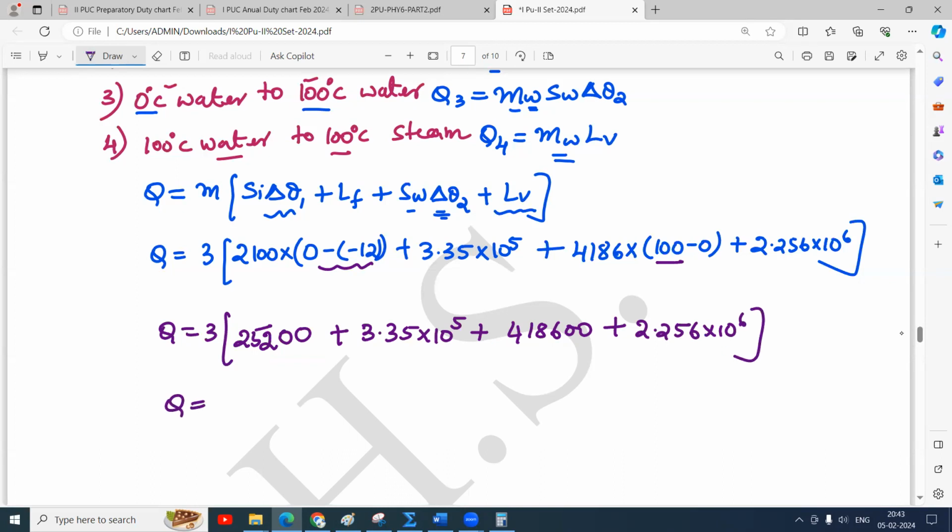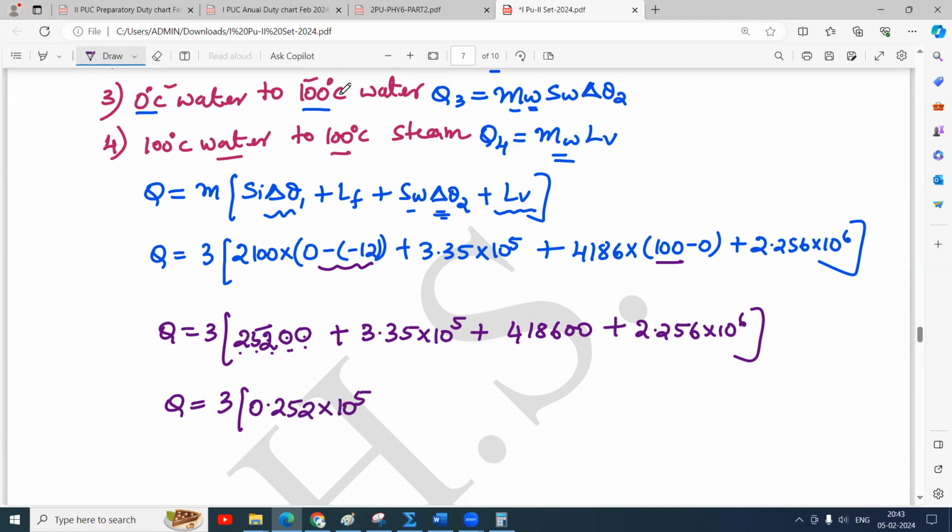So let us convert everything to the same power of 10. You can put everything in 10 to the power 5, or 10 to the power 6, whatever it is. I will put 10 to the power 5. 3 into 0.25 into 10 to the power 5.